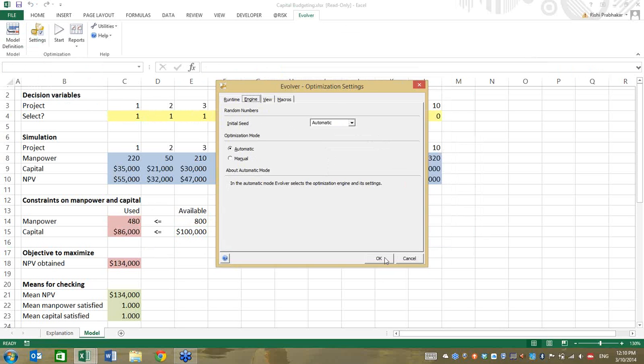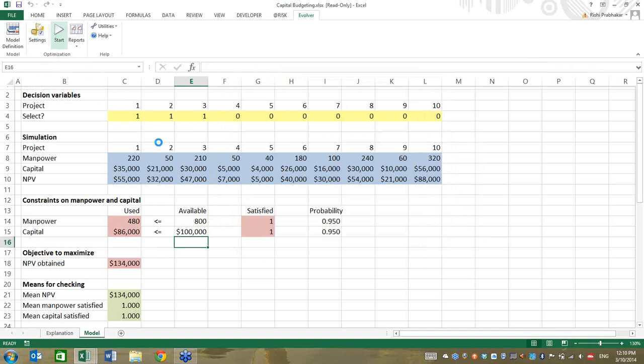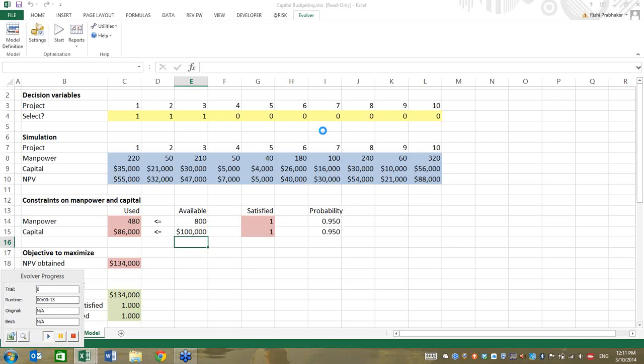And if I'll just stick with the automatic settings in Evolver and click Run, Evolver will utilize probably the OptQuest engine in this case, but either the OptQuest engine or the genetic algorithm to find a better solution and then go to a better solution until we end up with the optimal solution.